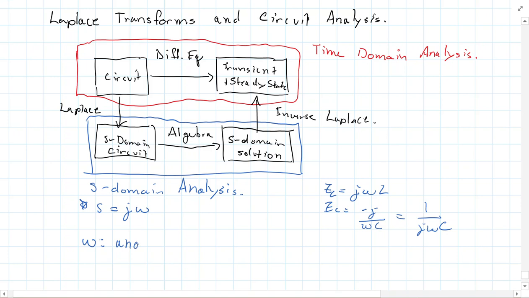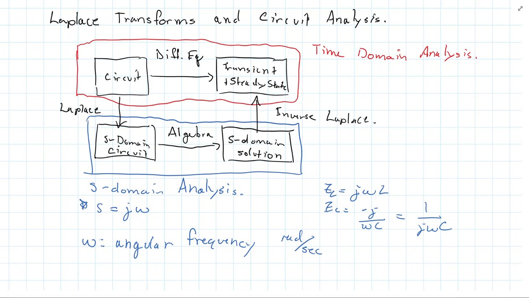Omega is an angular frequency. In other words, its units are radians per second. And of course we can change it to hertz just by dividing by 2 pi.